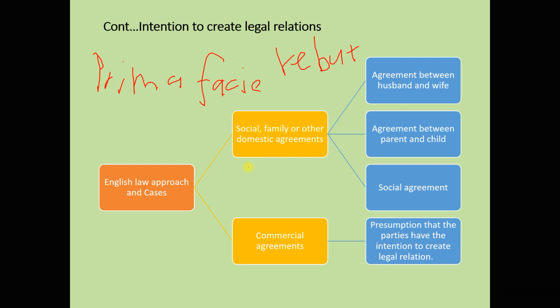If the aggrieved party can rebut this presumption, the court can declare such a domestic agreement enforceable by law. But it's not conclusive. We cannot say that since it's a domestic agreement, we always assume there is no contract. No, it is just a prima facie.